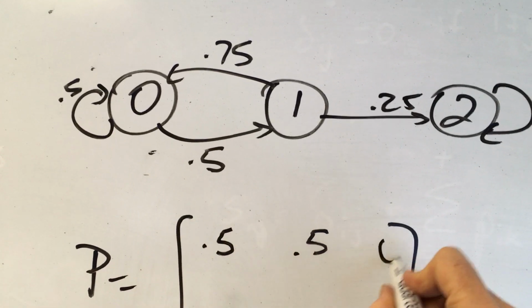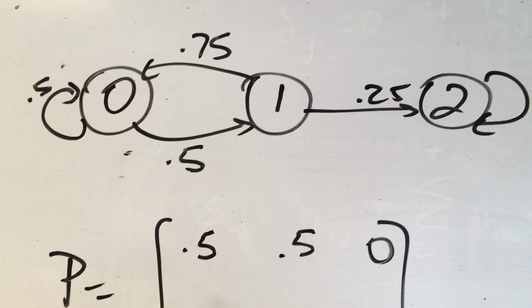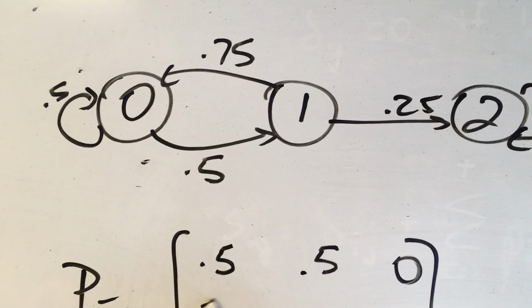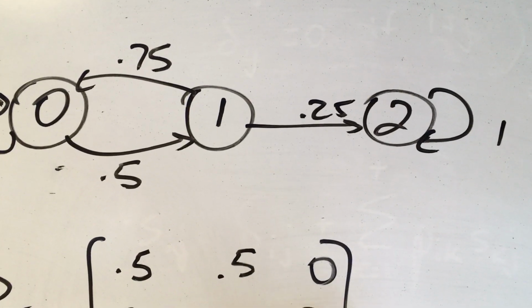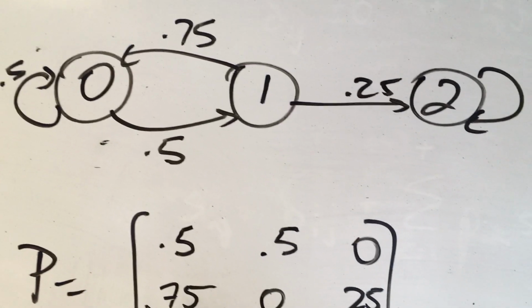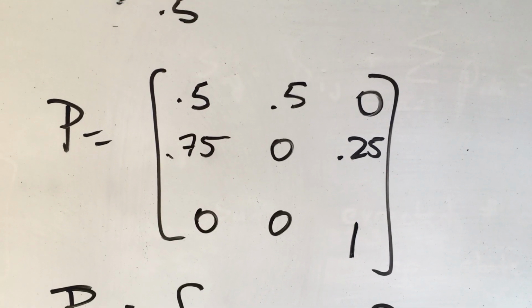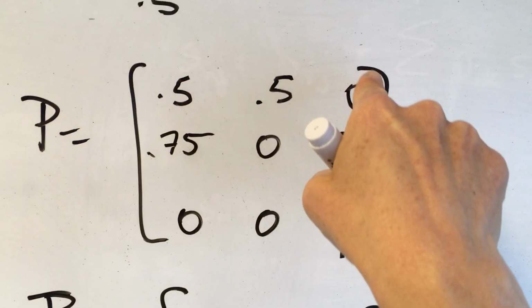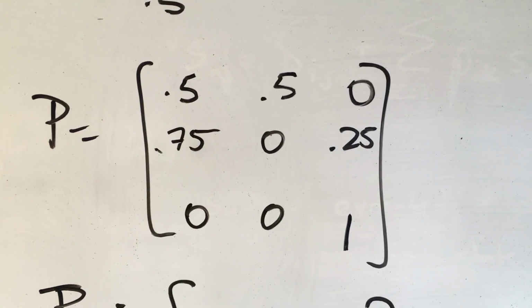State 1 goes back to state 0 or goes to state 2. So do these add up to 1? Yes, yes, yes. So we've got our rows with total probability.